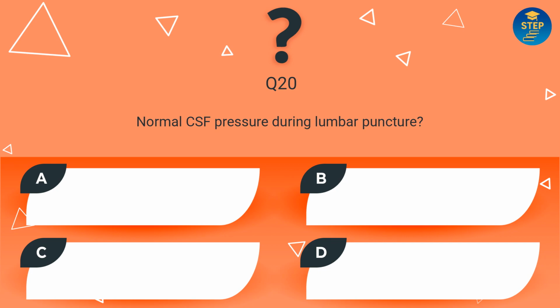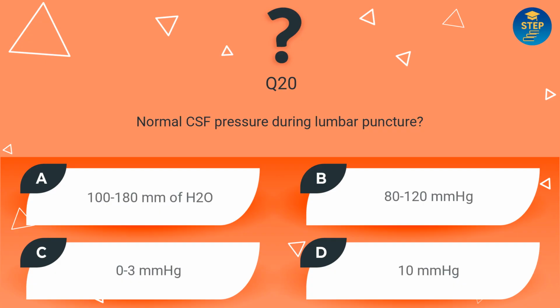Normal cerebrospinal fluid pressure during lumbar puncture: 100 to 180 millimeters of H2O, 80 to 120 millimeters of mercury, 0 to 3 millimeters of mercury, 10 millimeters of mercury. Answer is 100 to 180 millimeters of H2O.